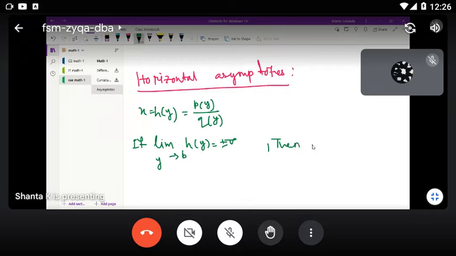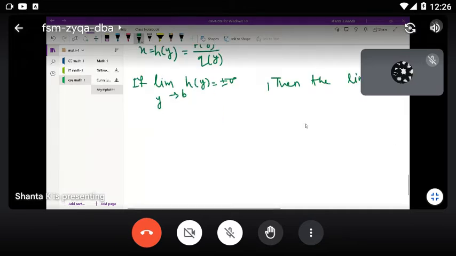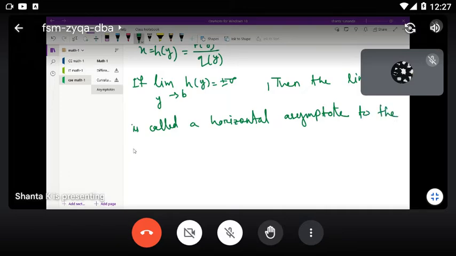So y equals b is a root of q(y), which implies y equals b is a root of q(y).